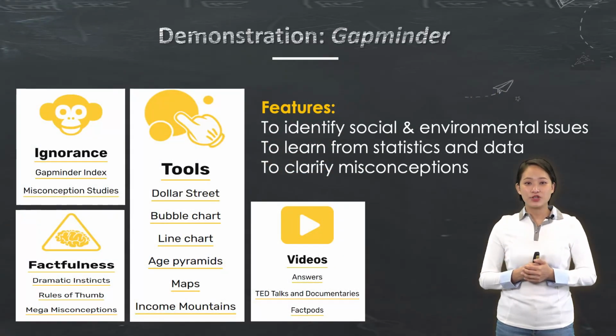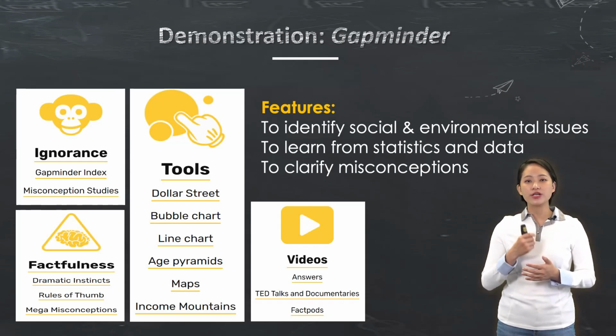Now, I'm a humanities student, so let me give you an example. If today I want to enrich my own understanding about a social or environmental issue, the website I will probably go to is called Gapminder. What's interesting about Gapminder is that when you enter the website, they give you a question first.